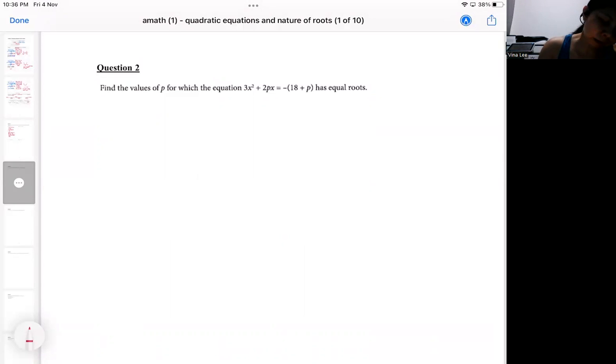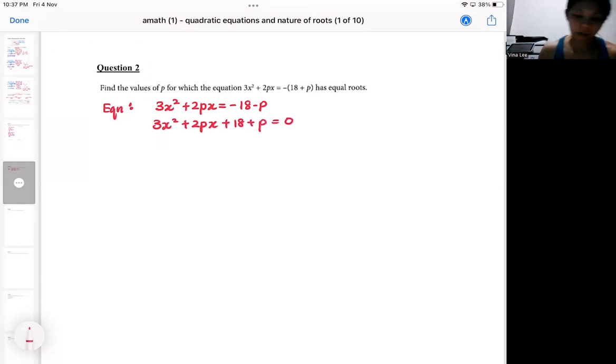Okay, so let's explore the equation first. Usually when I explore a quadratic equation, I would like to know what are the values of a, b, c. So in this case, I'm going to rearrange. I'm going to do a comparison with the general format of the equation.